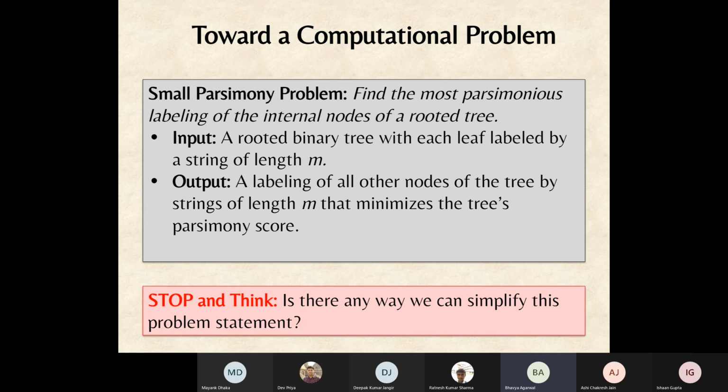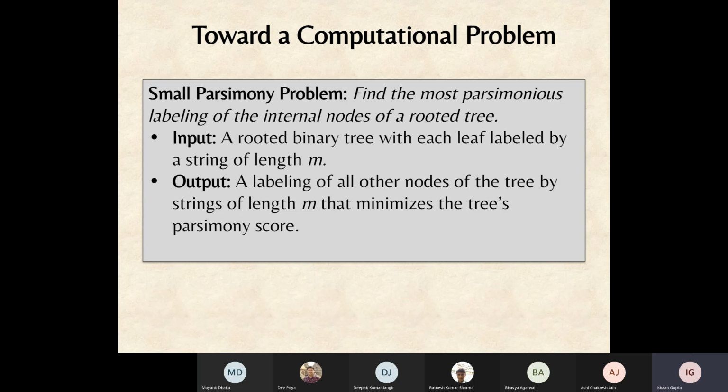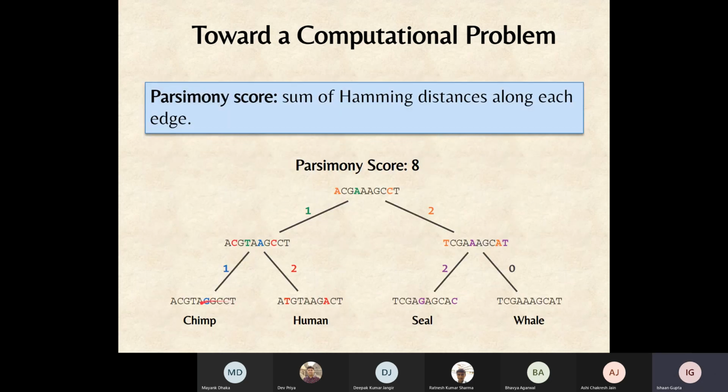Shouldn't it be like a consensus string? It does not always have to be the consensus string, because in this case, let us say you have a mutation. Let us say this is CCT right here and this is ACT. So what is the consensus string going to be? You're only having 2 for each node. Should it be a C or should it be an A?